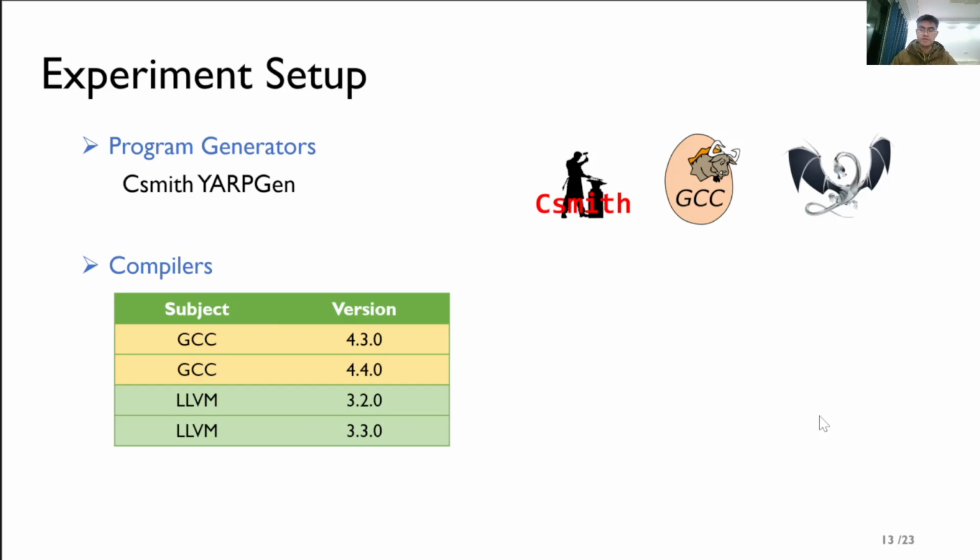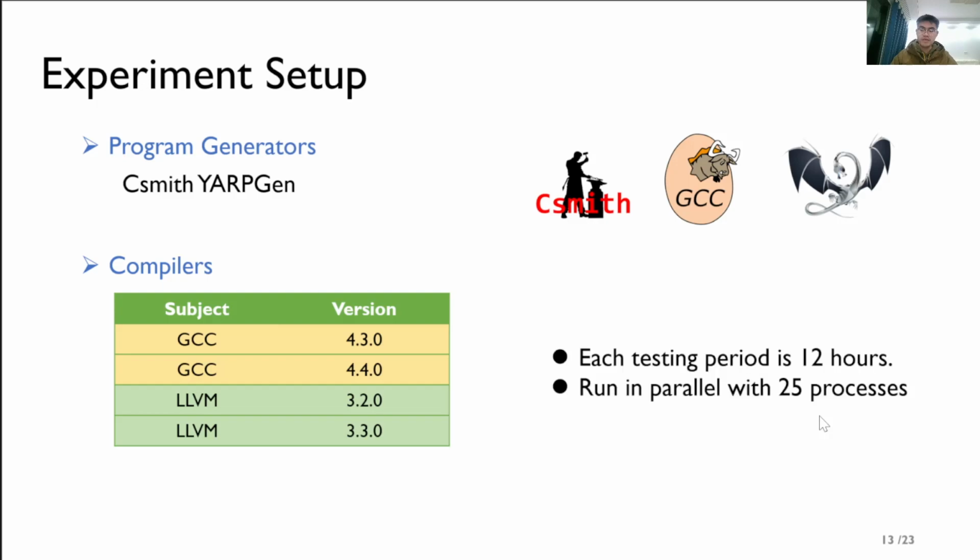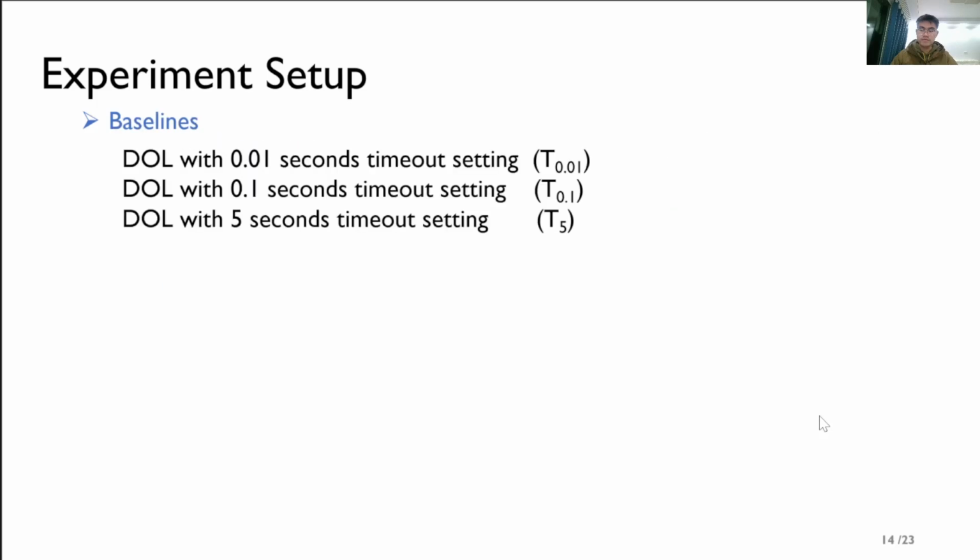We choose these old releases rather than the latest releases since they were released a long time ago and thus most bugs have been exposed. Each test period is 12 hours, and the compiler testing process runs in parallel with 25 processes during each testing period. This is more in line with the real testing scenario.